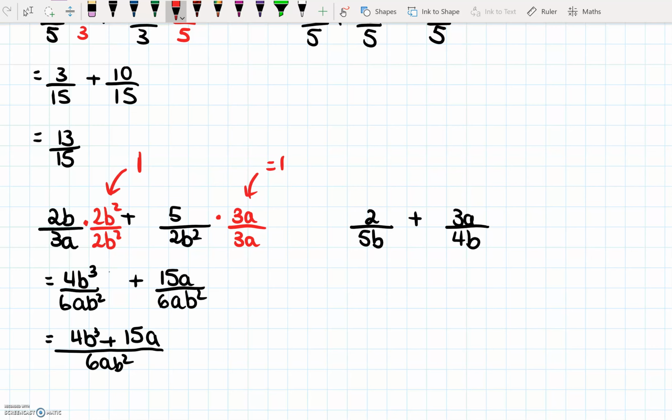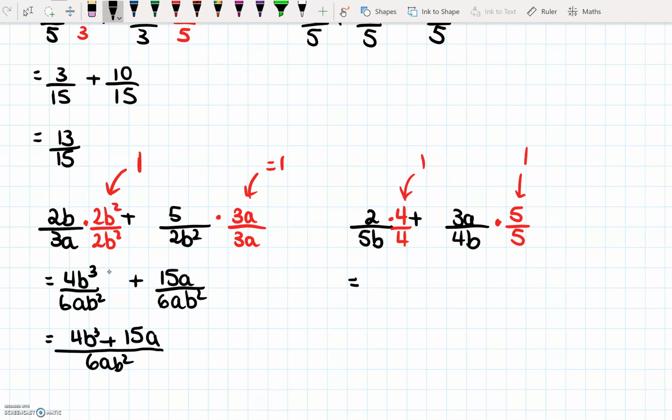So we don't need to multiply by the b because it's already there. You can if you want to, but at the end you'll need to simplify. In this case, we can just look at the numbers. The left one, we're going to multiply by what's missing, which is 4, so it's times 4 over 4. And the right one is going to be times 5 over 5. And remember, these are both 1, so we're just multiplying by 1, not changing anything.